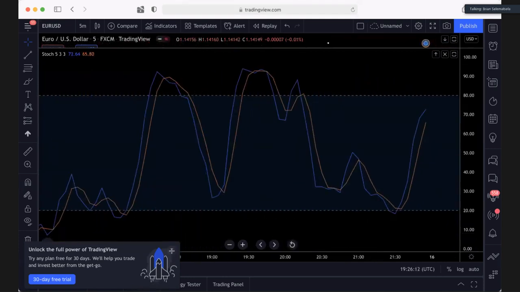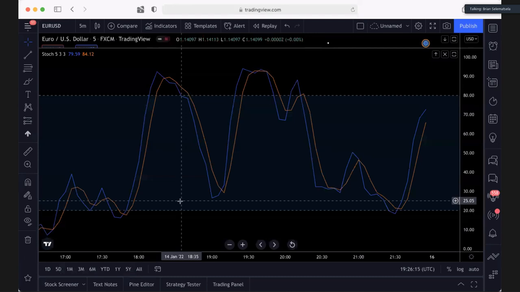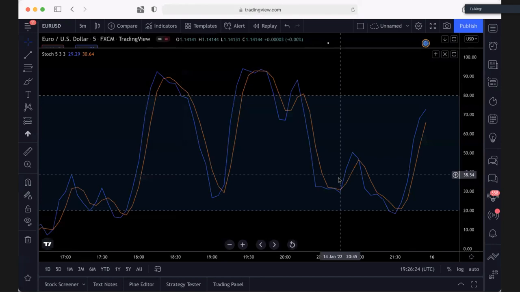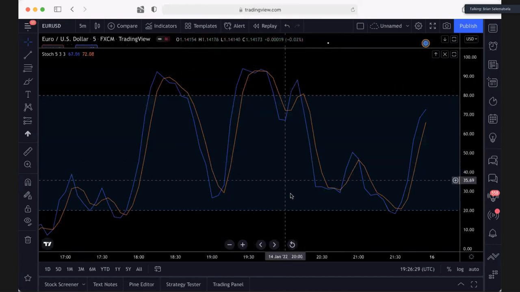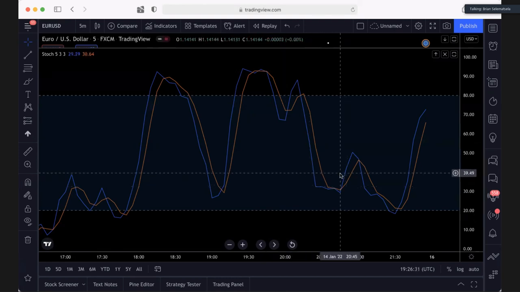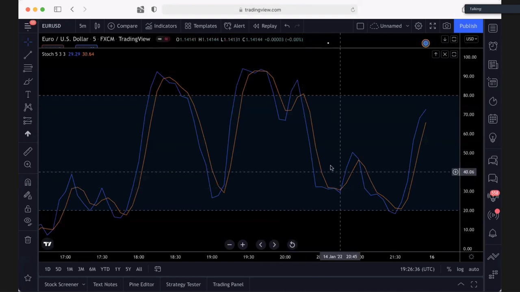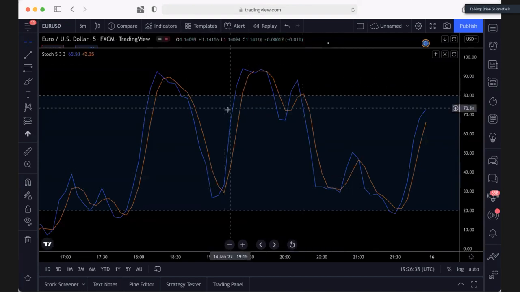So you guys can see the purple line, and after that there's an orange line. Okay, give me a second, I want to mute extra audios. So the crossing over between them here.